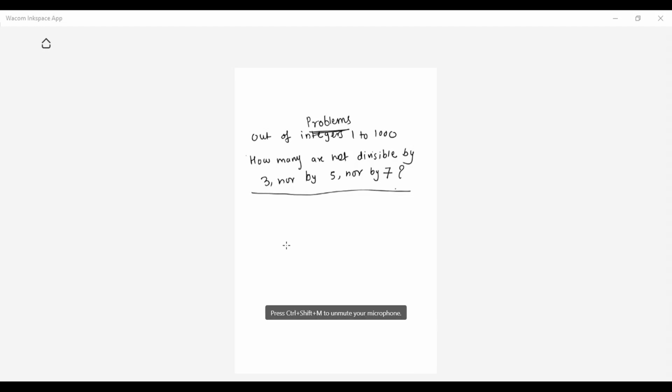Cardinality of B we got as 100, and cardinality of C as 45. How did we get this? By taking the total number divided by the number which is divisible: 500 by 3 for A, 500 by 5 for B, and 500 by 11 for C.